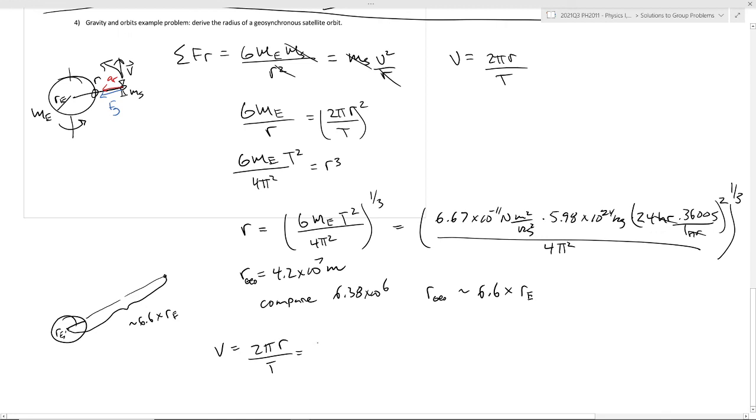So we know the period and we know the radius. Let's just do that quick. And you crunch this number and you find that this is about 3 kilometers per second. So in contrast to the ISS, this is both slower than the ISS as well as much farther away.